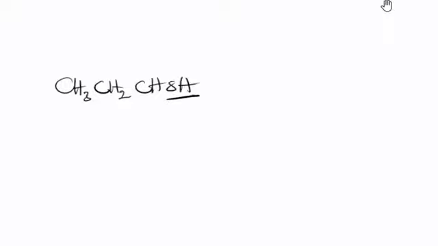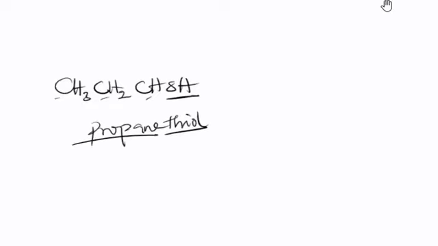So this is the thiol at carbon 1, and I can simply go ahead and name this as propane thiol. So notice that I have 1, 2, 3 carbons, and this is a 3 carbon alkane, which is the propane, and then I have the SH group at carbon 1, so I can call this 1 propane thiol.